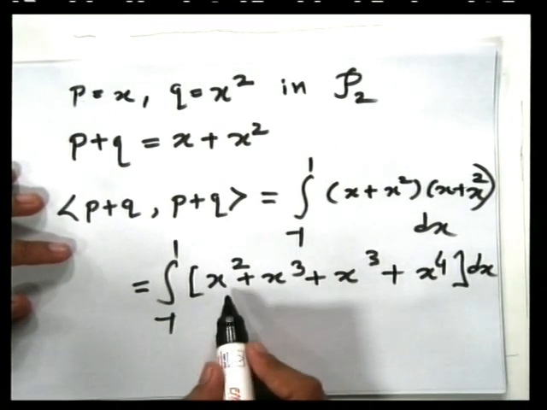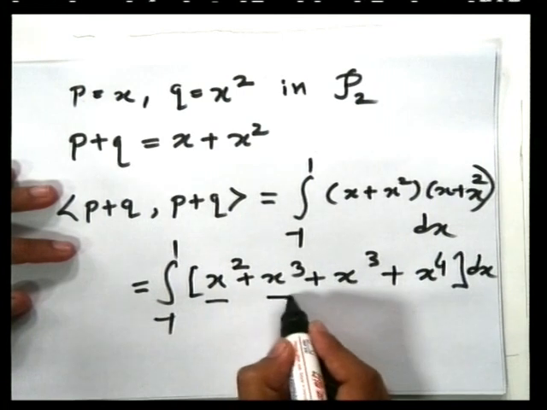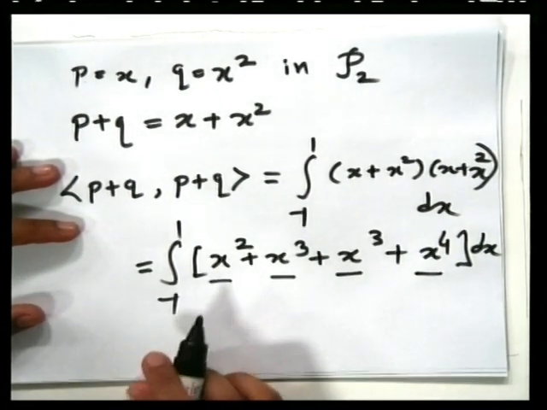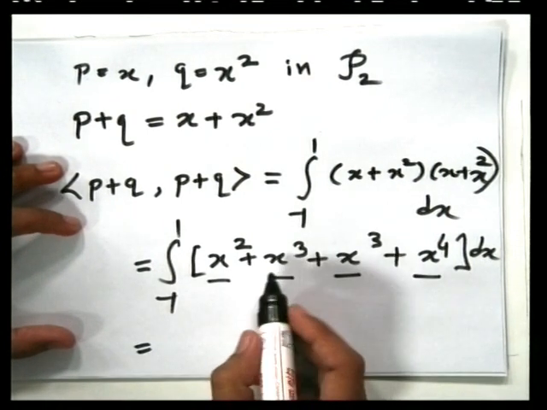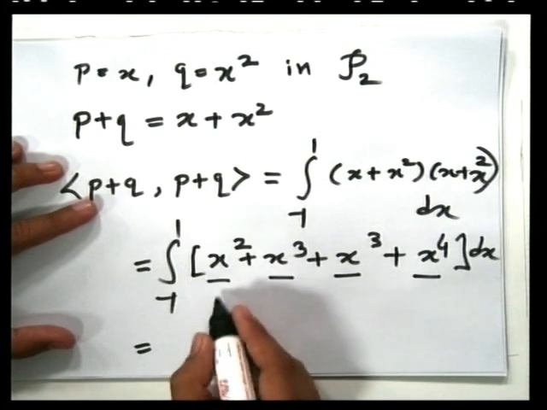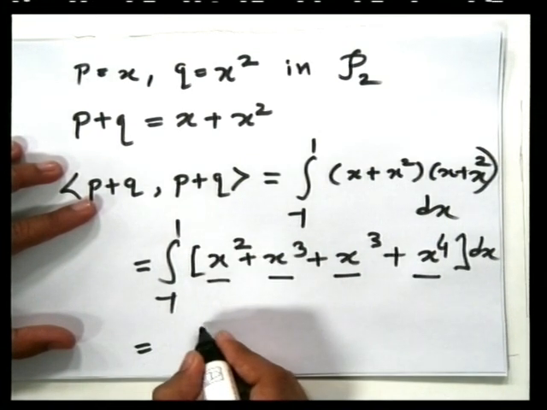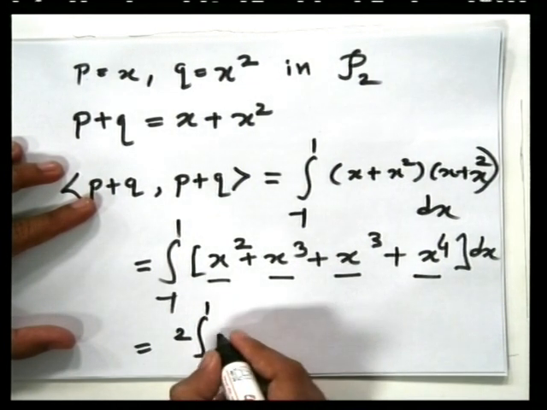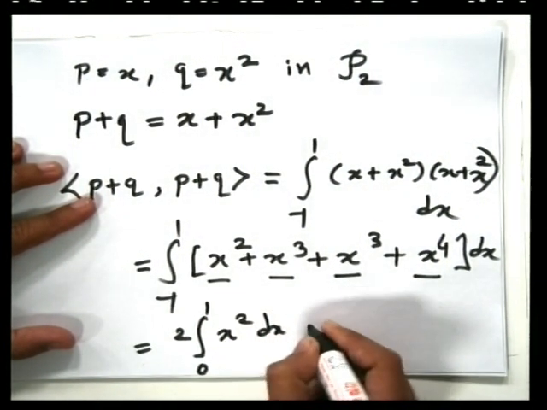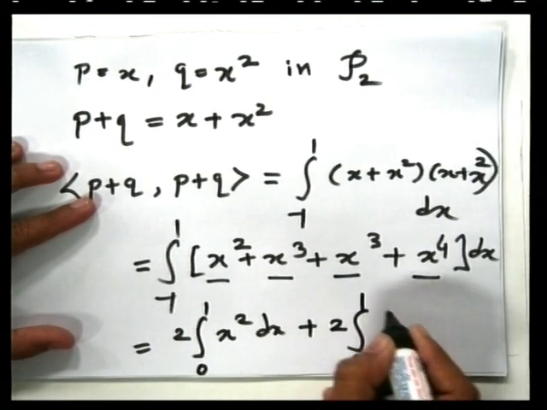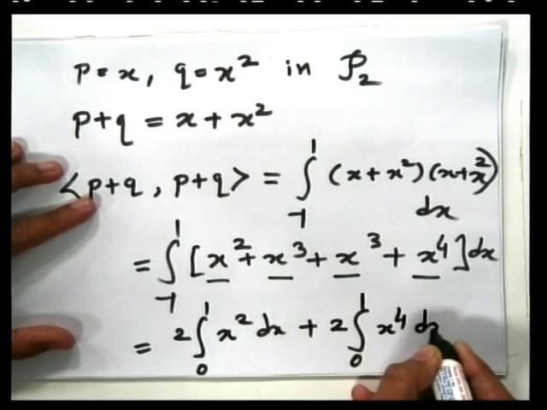Now see here, there is an even function of x, there is an odd function, then an odd function, and an even function, and so on term by term integration we will have the integral of the odd terms 0, and we have the integral equal to twice the integral from 0 to 1 of x square dx plus twice the integral from 0 to 1 of x raised to 4 dx.